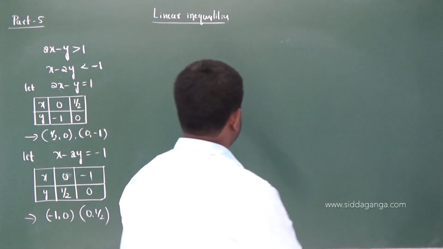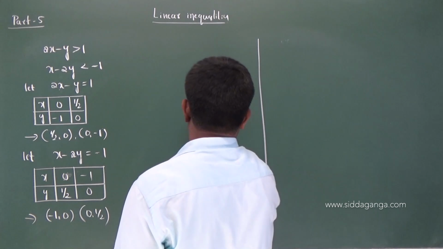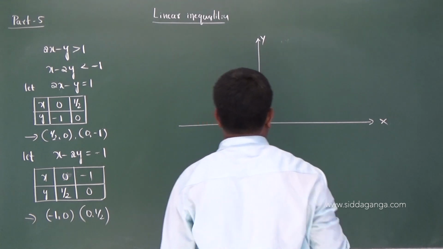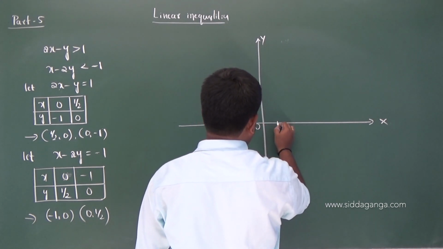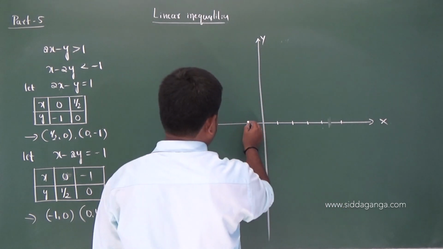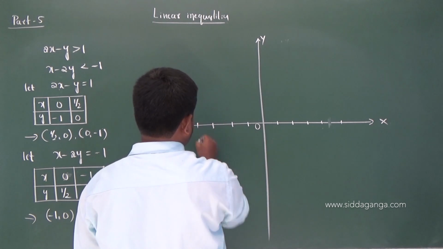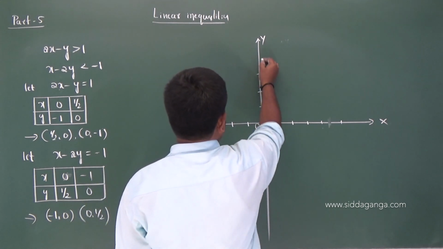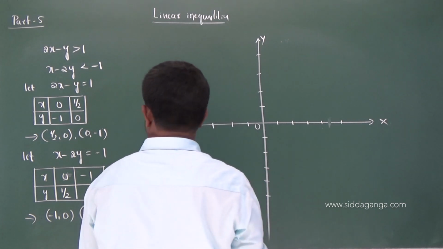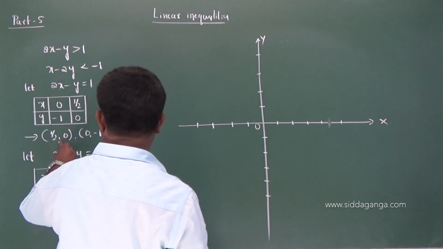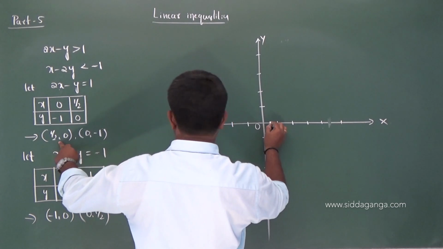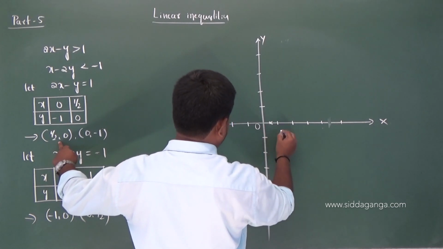Now let us draw the axes. Now the first line passes through 1 by 2 comma 0, so 1 by 2 comma 0 comes here.